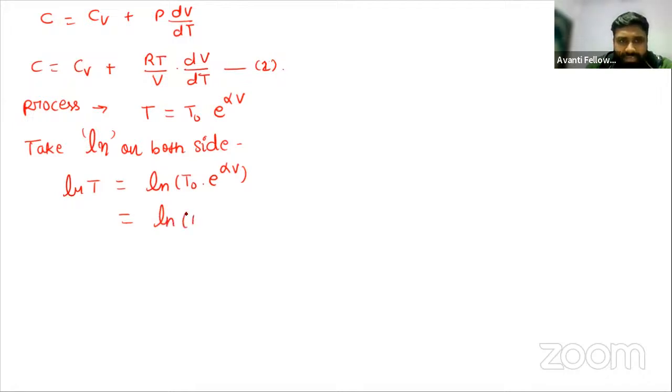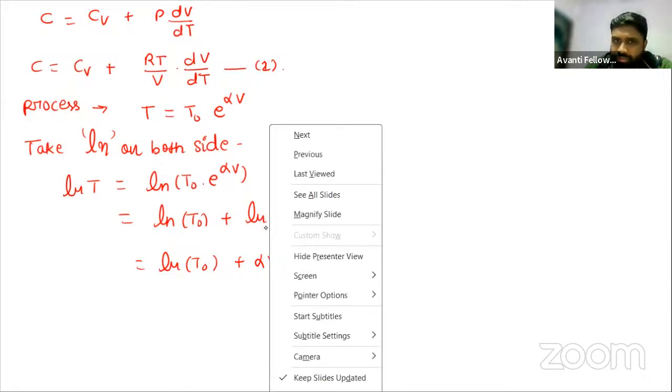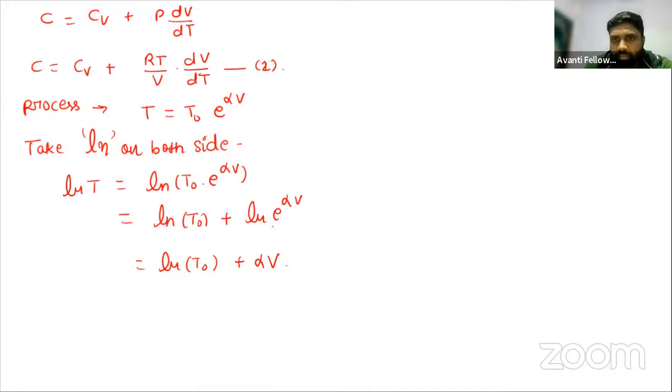So we can write it as ln T naught plus ln e raised to the power alpha V. The power will come in front of the logarithm, so it will become alpha V ln e, and the base is also e here. By the property of log, log base a of a is equal to 1, so this becomes 1. That is why we have written it as alpha V. And this is ln T.